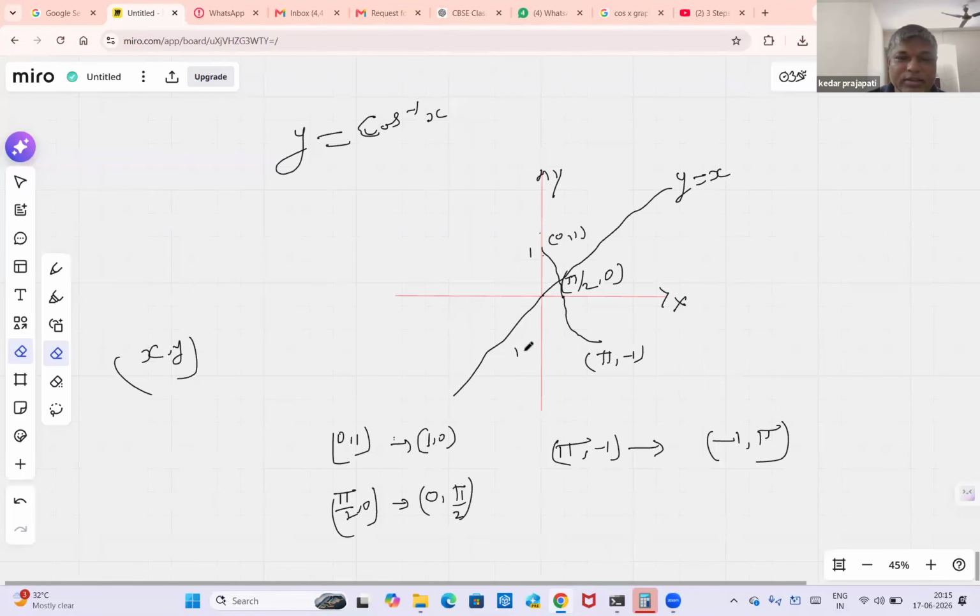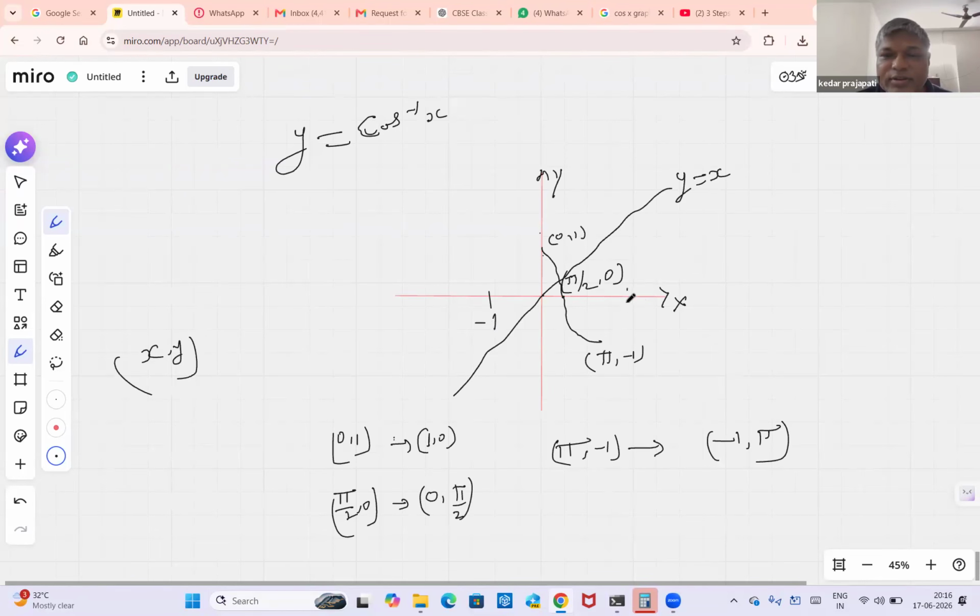What I'm saying now, x was here, correct? Now, since I'm changing the graph from y equal to cos x to y equal to cos inverse x, right? So here, this will become -1.